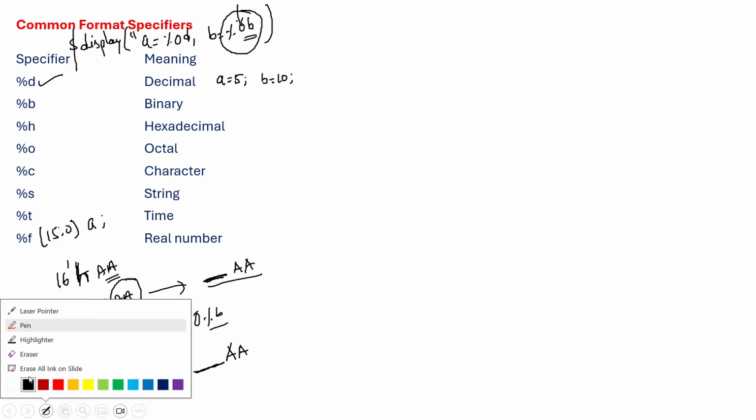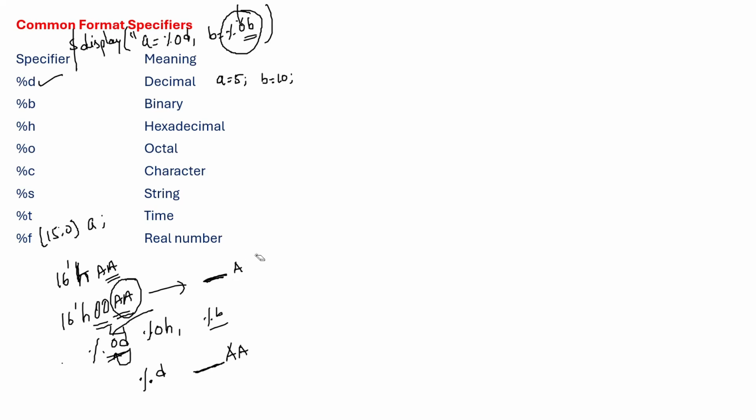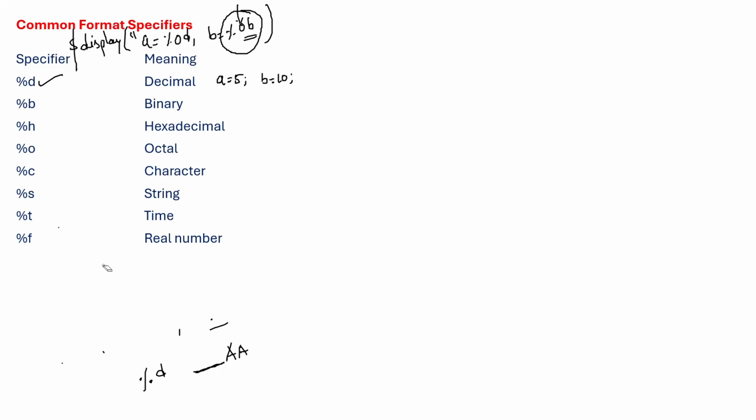So why we are utilizing the 0? If you consider any display statement, just see any display statement. Write the code, and then try without using this %0d, %0b and all these things.